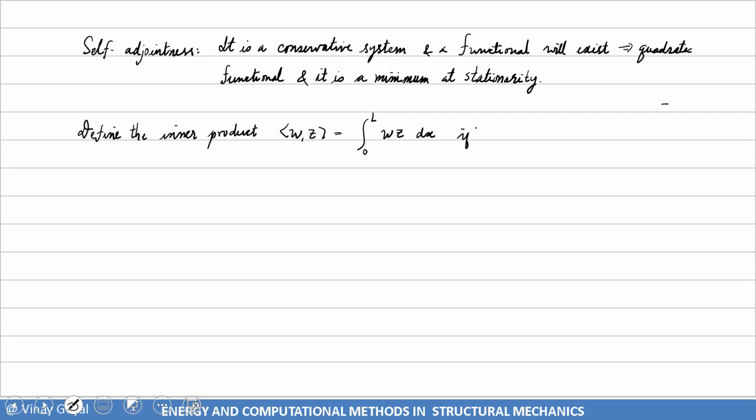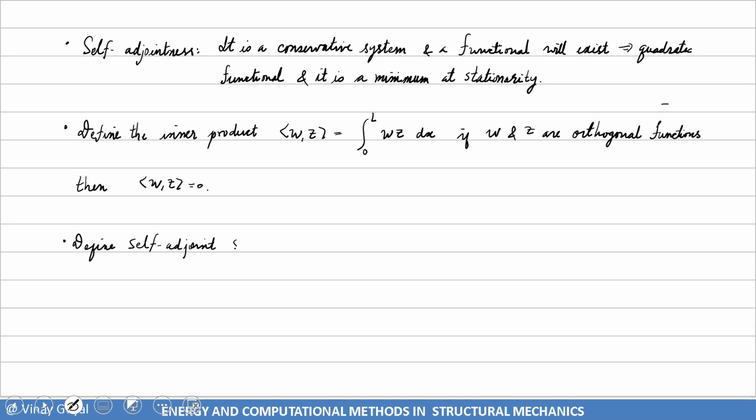And if W and Z are orthogonal functions, then W comma Z is 0. So we define a self-adjoint system as follows.